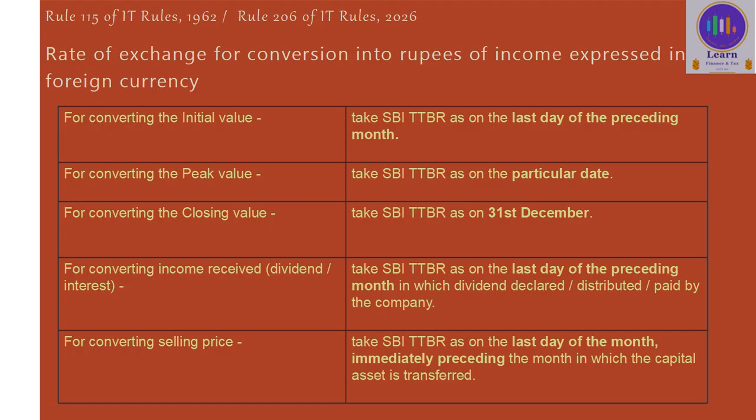For example, if the transaction is made on March 30th, then take the TTBR value of February 28th. For converting the peak value, take the SBI TTBR rate as on the particular date. For closing value, take the rate as on 31st December. For converting income received, that is dividend or interest, in the same way, take SBI TTBR as on the last date of the preceding month.